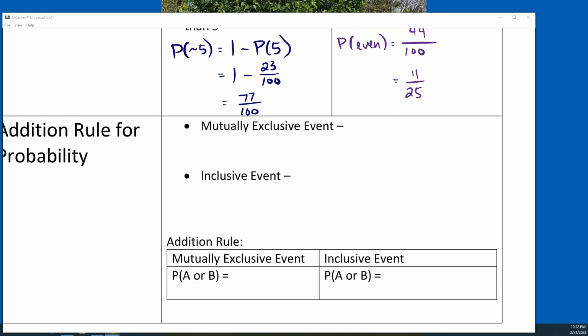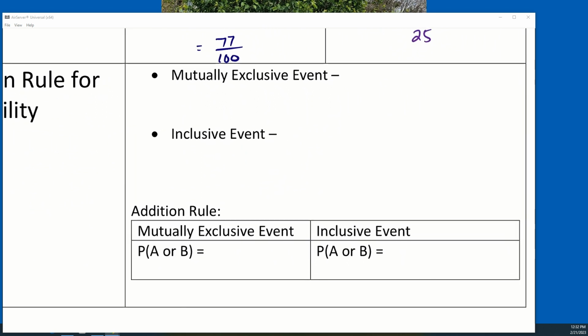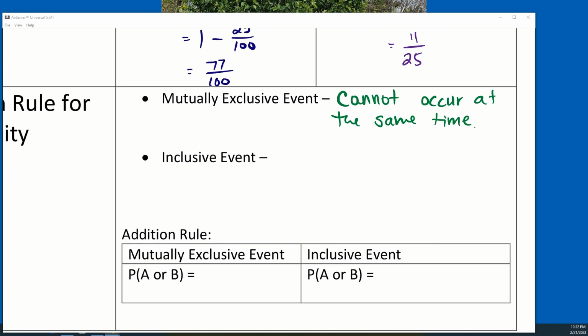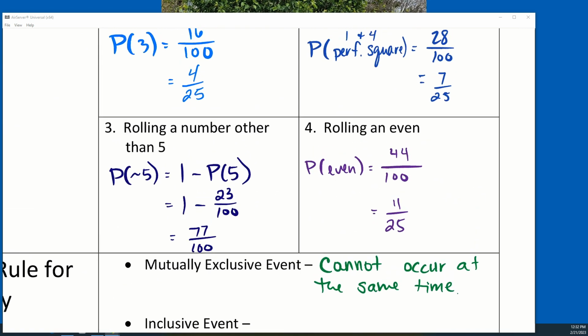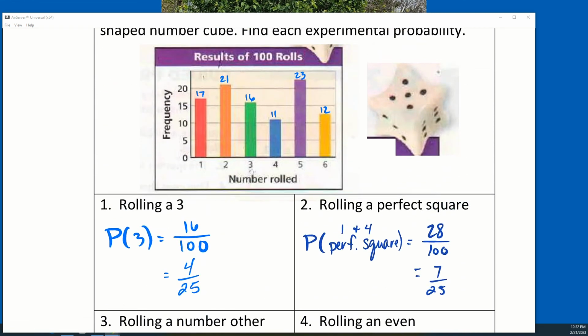So we have 2 different types of events today. We have mutually exclusive events and inclusive events. And mutually exclusive events cannot occur at the same time. So that's like if you wanted to find the probability of rolling a 2 or a 5, you can't roll a 2 and a 5.